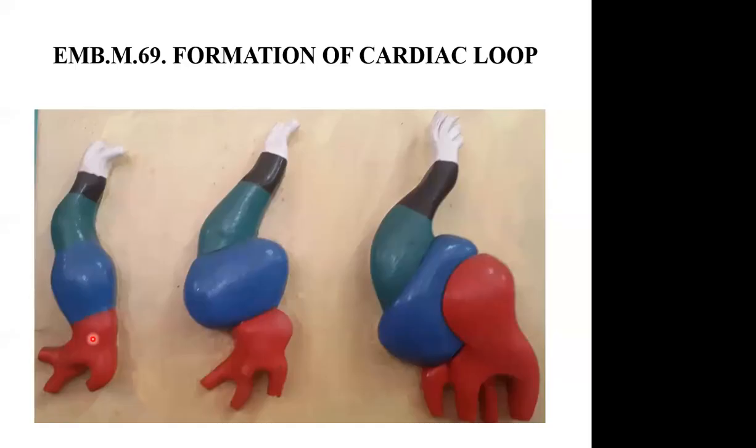The sinus venosus has a right horn and a left horn. The right horn is enlarged and absorbed into the right atrium to form the posterior smooth part of the right atrium, called the sinus venarum. Very good. The anterior rough part is derived only from the right half of the primitive atrial chamber. So what happens to the left horn?